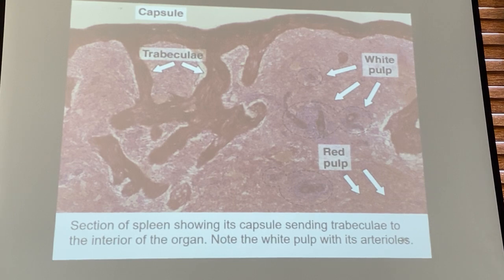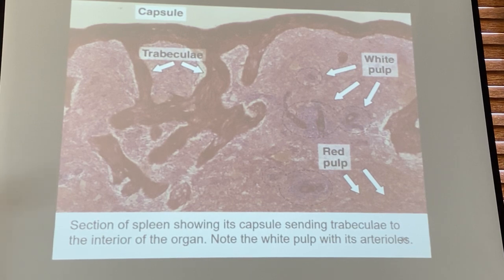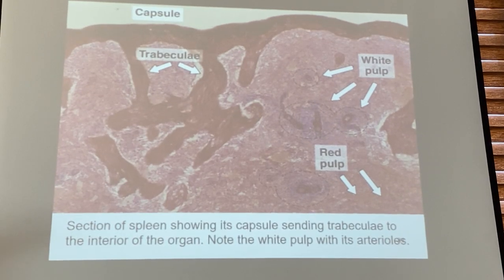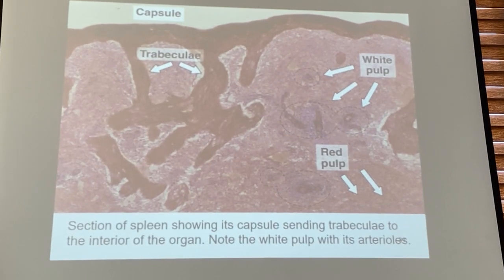Red pulp. This is the section from the periphery of the spleen. Because the capsule is shown here, you see trabeculae, the dark red extension of the capsule, and we have white pulp, these rounded follicles or nodules.